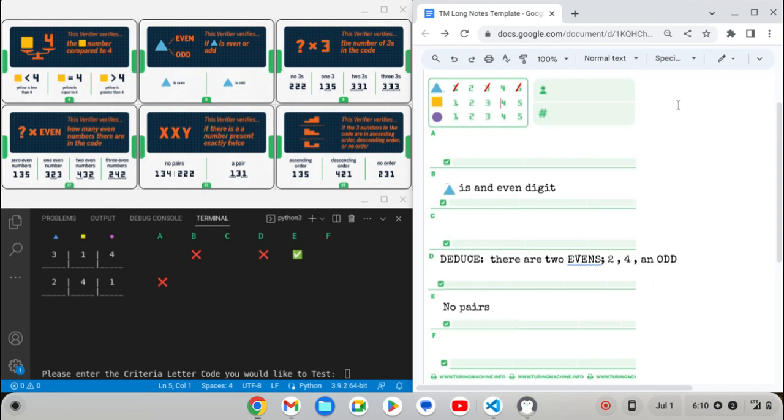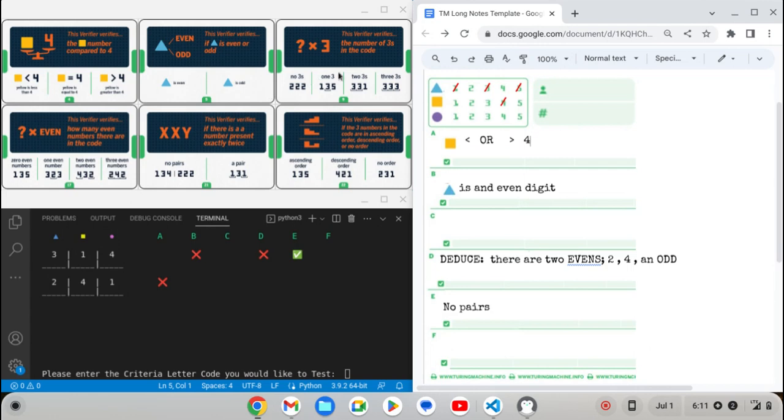It doesn't mean that it's not even, but all we can say for sure is that it's not 4. So we'll say that triangle is either less than 4, or greater than 4.